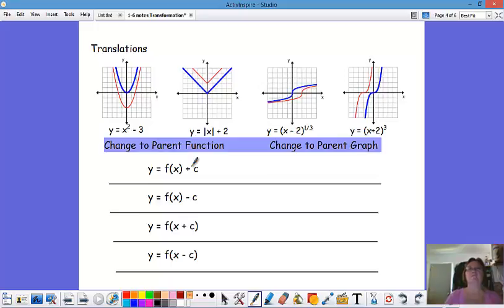We got that same v going. Everything's sloping or increasing or decreasing at the same rate. It's just that we moved it up 2 units on the y-axis by adding that constant. So this moves the entire function up c units. This moves the entire function down c units.